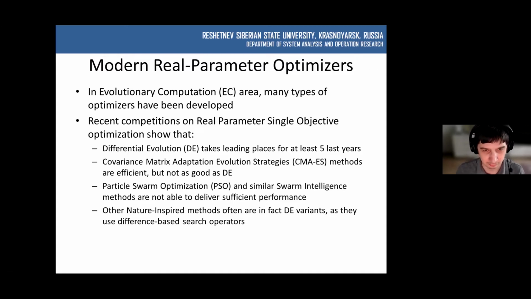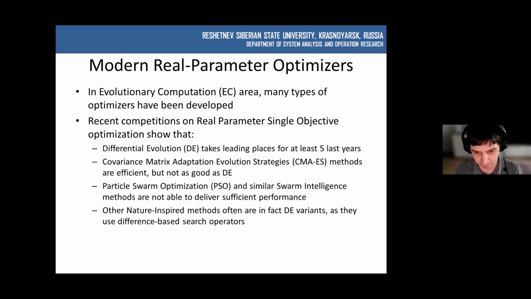Another area of real parameter optimization is particle swarm optimization, or broadly said, swarm intelligence algorithms. In most cases, at least in the competitions that are organized, they usually don't take leading places. Of course, as we have shown on Tuesday already, sometimes PSO algorithms are the best.